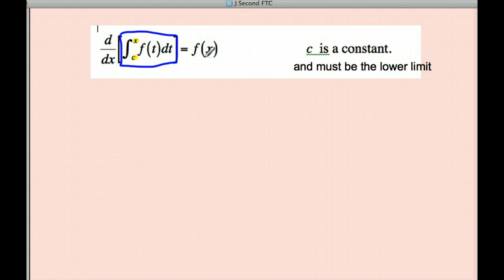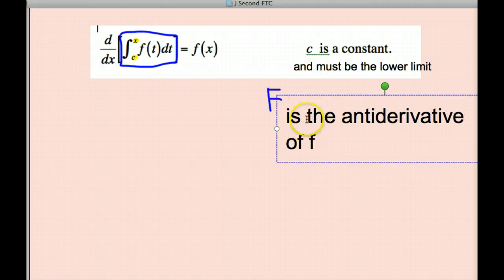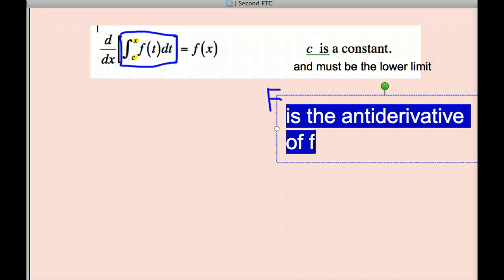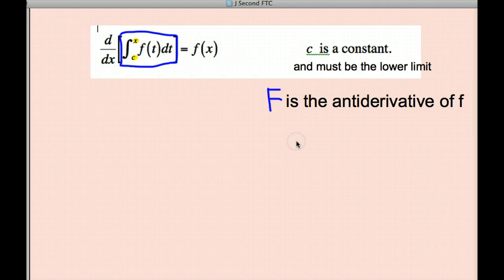If I were to integrate f of t dt, let's call it capital F. Let's say that capital F is the antiderivative of little f, which actually means it's the answer that we would have gotten if we were to integrate this. So let's say I integrated this, and I would keep the d dx right here.